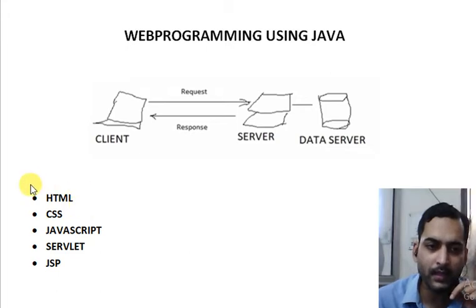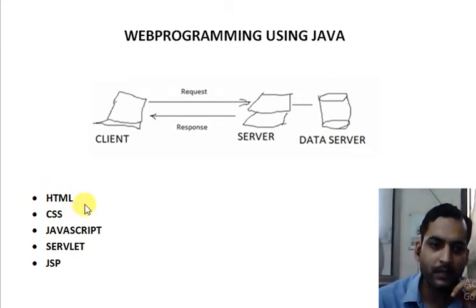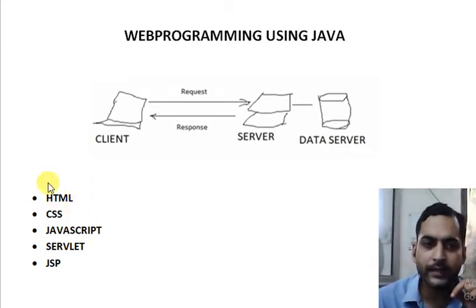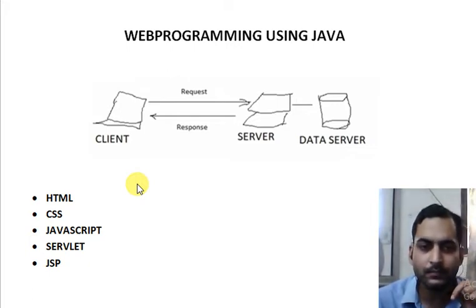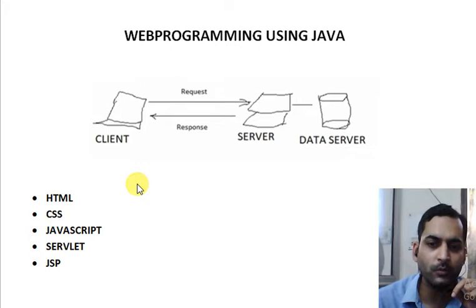HTML is basically hypertext markup language. It is a tag-based language which is used to develop static web pages. It is a designing language and it cannot be used to perform some computation. Like we cannot do 2 plus 2 using HTML.